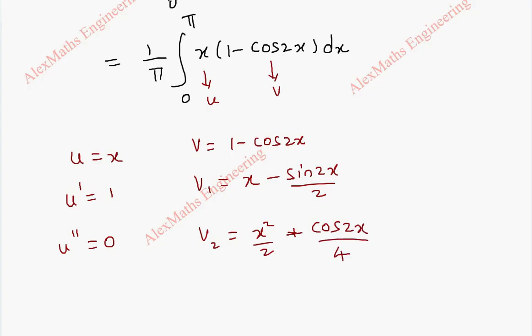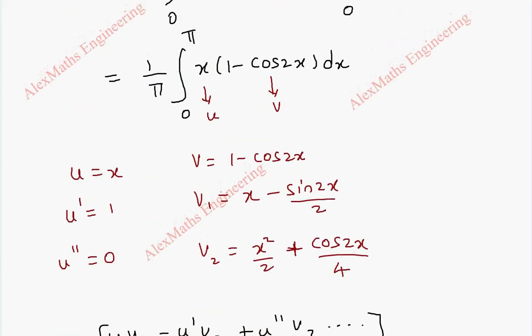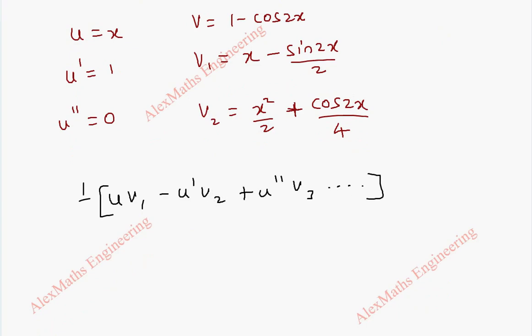Now we take u v1 minus u dash v2 plus u double dash v3 and so on, and outside we also have 1 by pi. So we keep this 1 by pi.